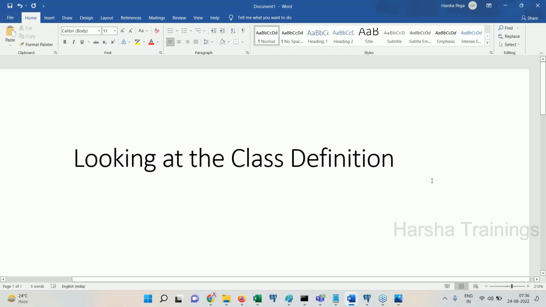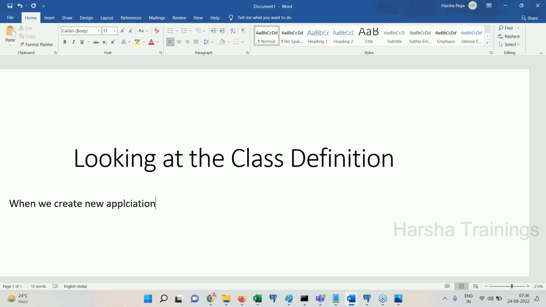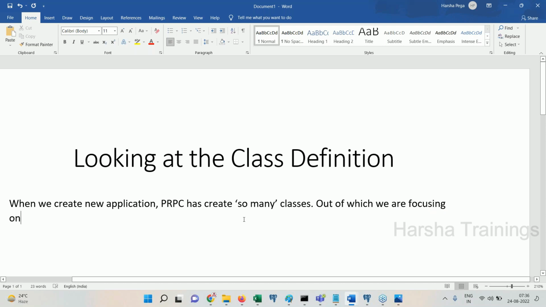When we create a new application, PRPC has created many classes, out of which we are focusing on three different classes in our application.